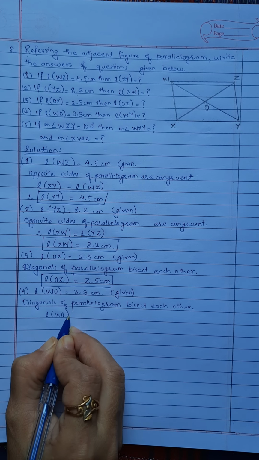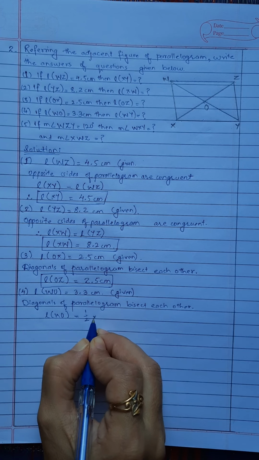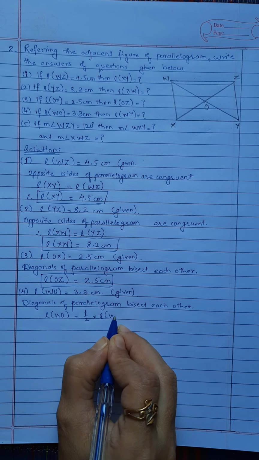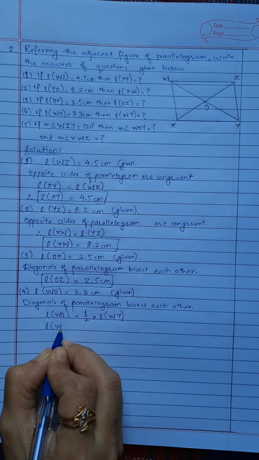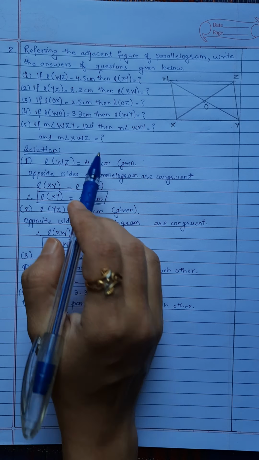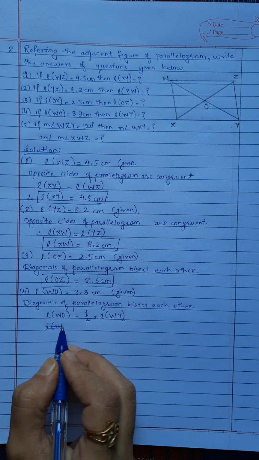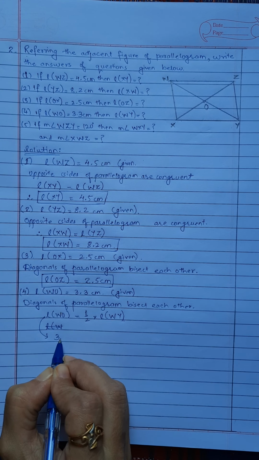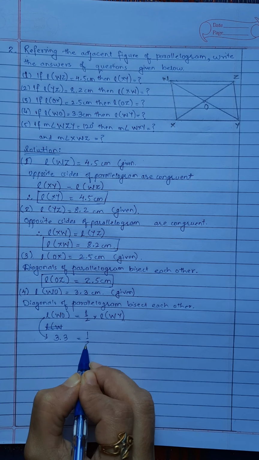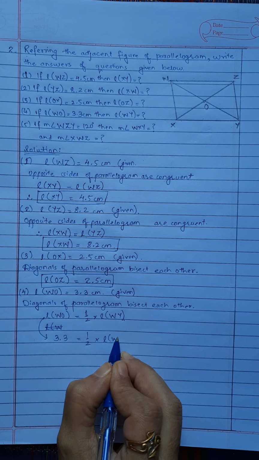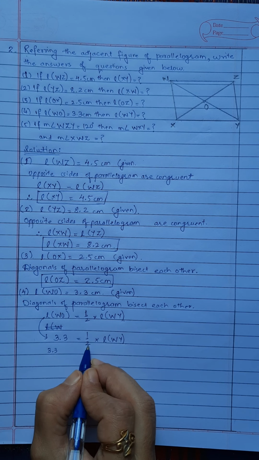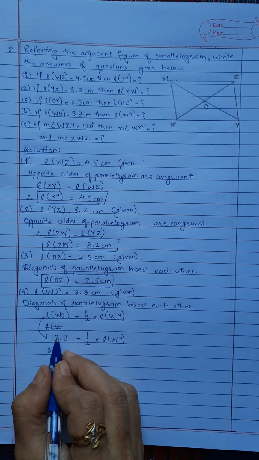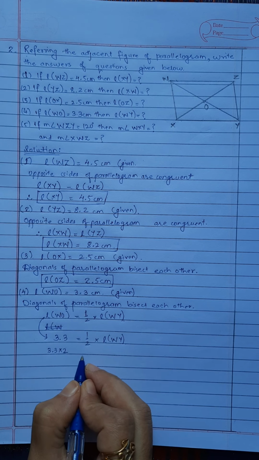Length of WO is half of the length of WY. The length of WO is given, so instead of writing length of WO, we write the given measurement, 3.3 centimeters, is half of the length of WY. This 3.3 will be here as it is; the 2 is in division form here. When we bring it to the opposite side of the equal sign, it will be in multiplication.